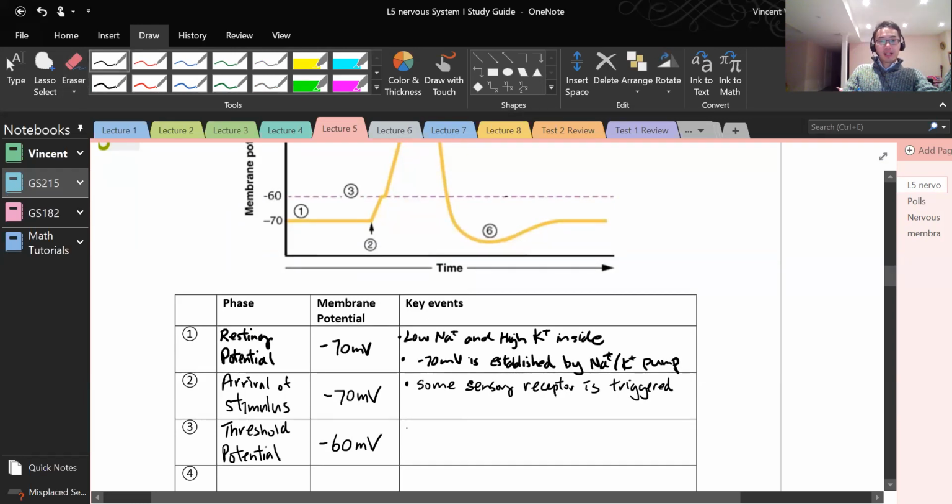So the key event that happens at the threshold is as soon as you cross the threshold, the sodium channels open.